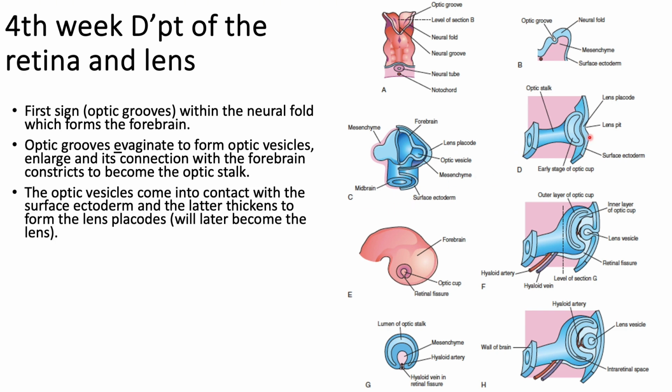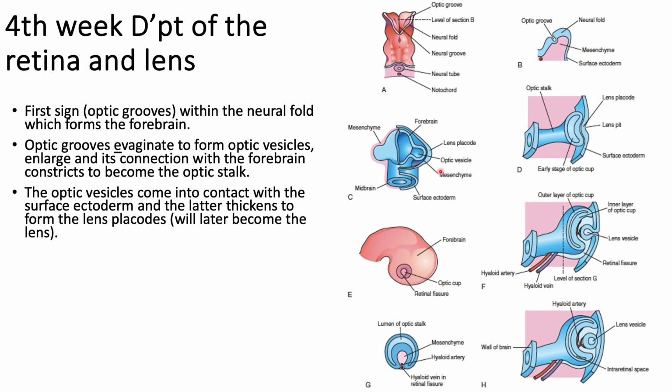You can see that the surface ectoderm is very close to the optic vesicle. So now the optic vesicle, as it evaginates, grows towards the surface ectoderm and then creates a close contact with the surface ectoderm.